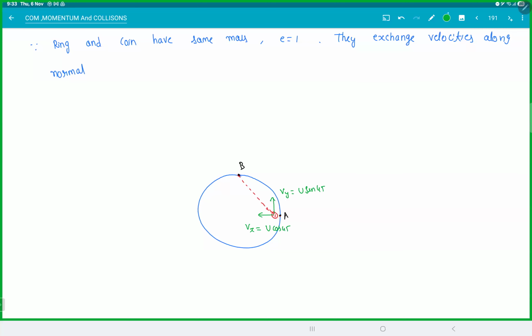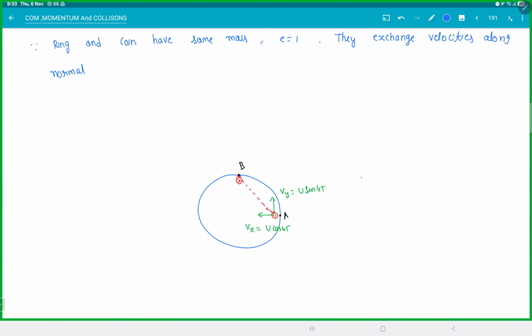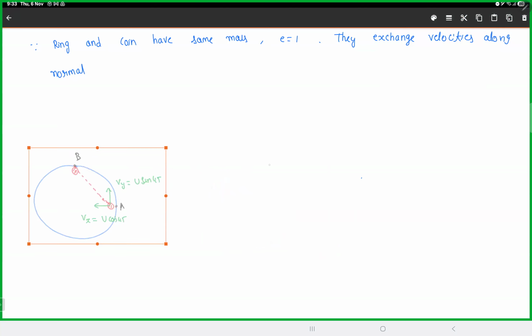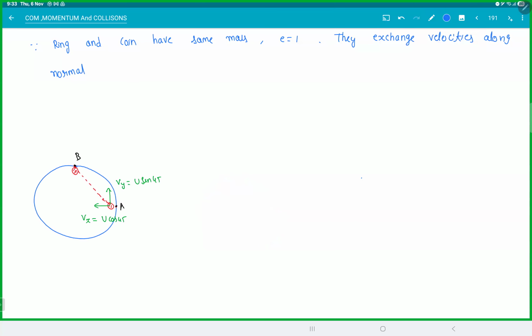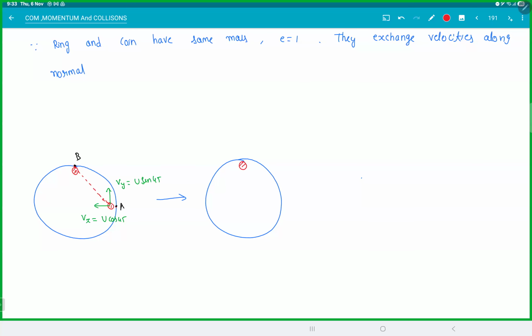As this coin goes and hits the ring, which velocity will get exchanged? Vy will get exchanged. So just after the collision, this is how the picture will look. It's a little difficult to draw the picture, so listen carefully. Just after collision, the coin will have only the Vx velocity, whereas the ring will gain the Vy velocity.